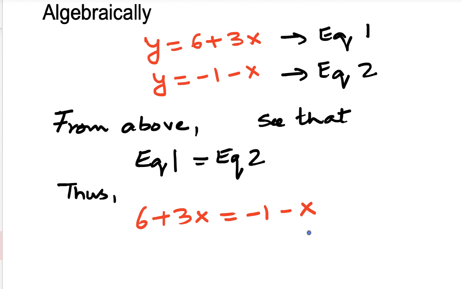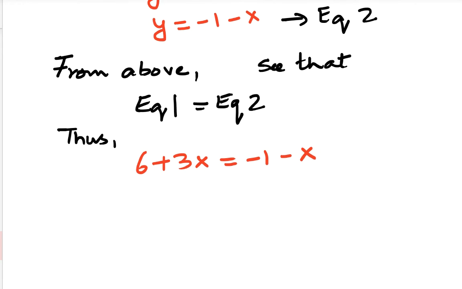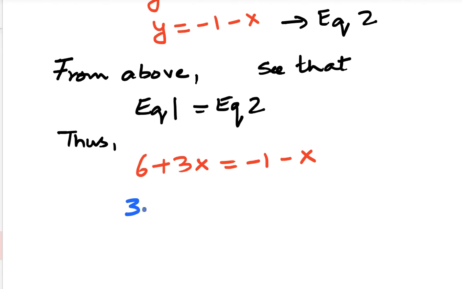Now let's solve this for x. Let's get x's on the left-hand side of the equal sign and the constants on the right-hand side. So 3x plus x equals minus 1 minus 6.